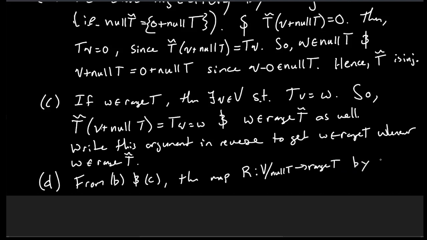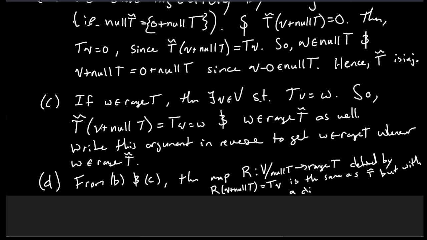So R from v quotient null T to range T, defined by R of v plus null T is equal to, I will just say, T of v, since this gives us something in the range of T. This is the same as T tilde, but with a different codomain.